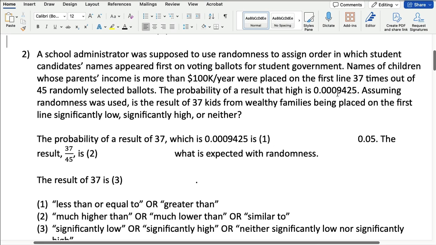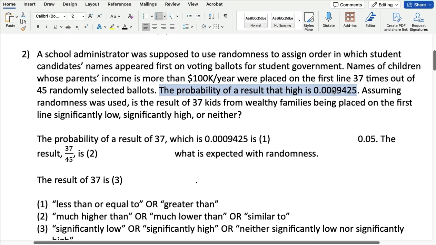And it turned out that 37 times out of those 45, the first candidate happened to be the child of someone with high income. And here's the important piece. The probability of a result that high is 0.0009425. So that's the important piece right there.